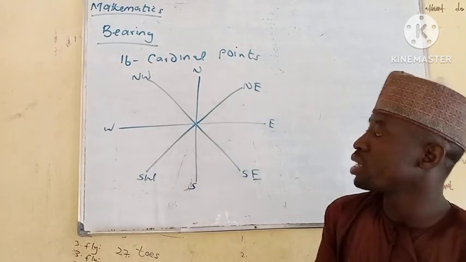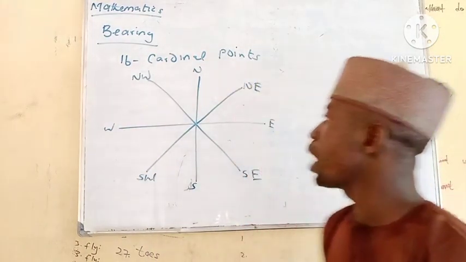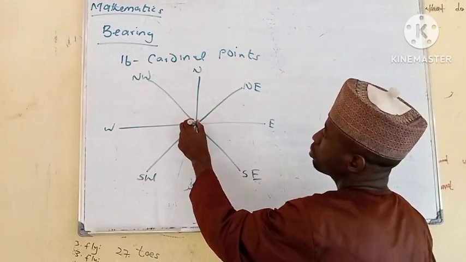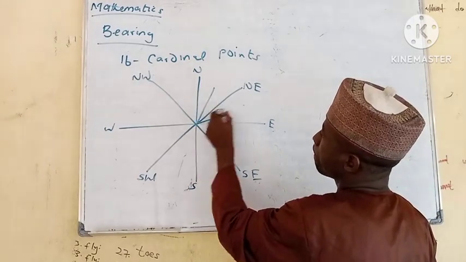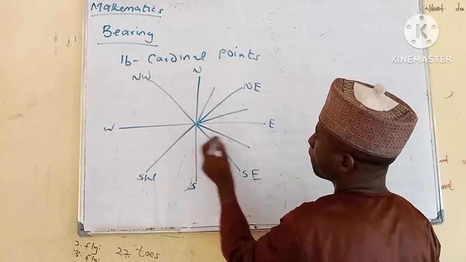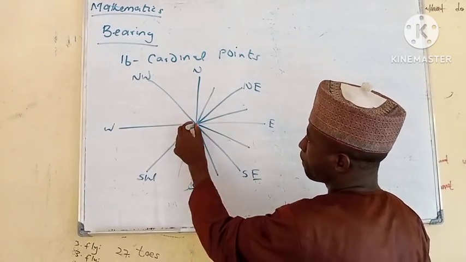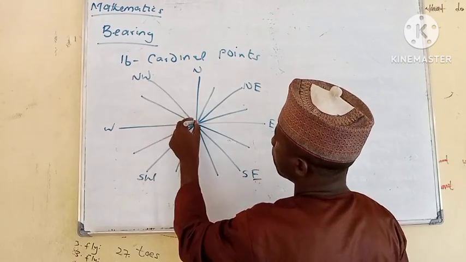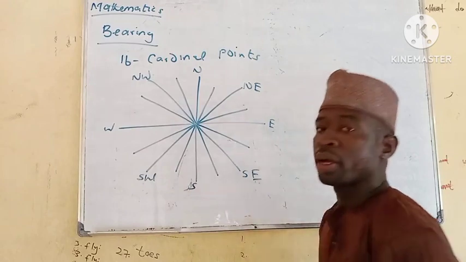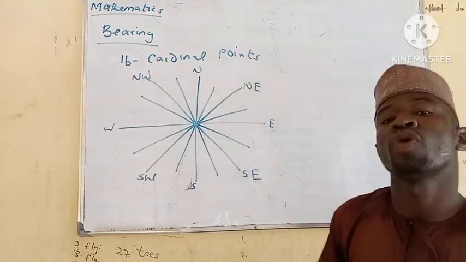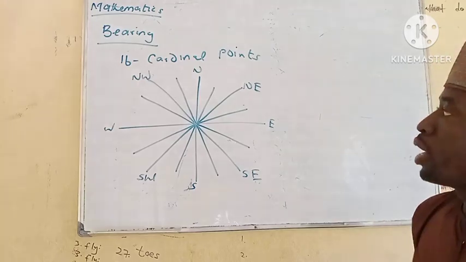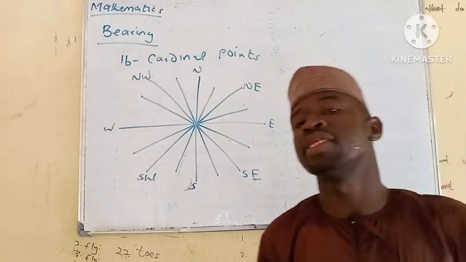So now we can see 8 now. Now let us see the 16 now. If you count this one, you will see 16. Okay, now let us point at kings here.